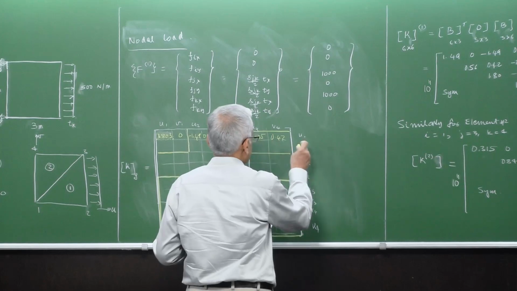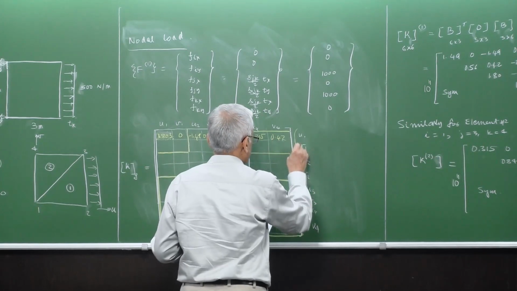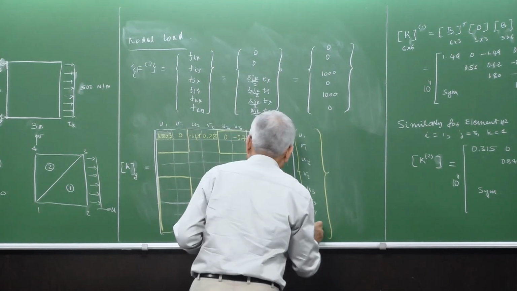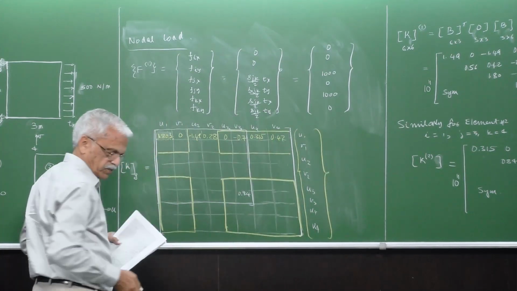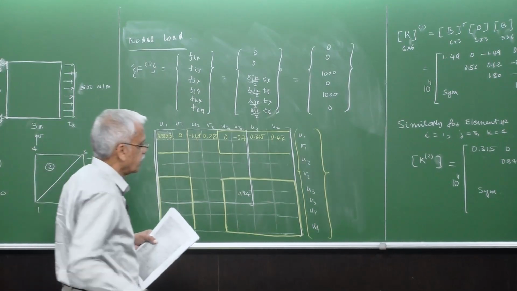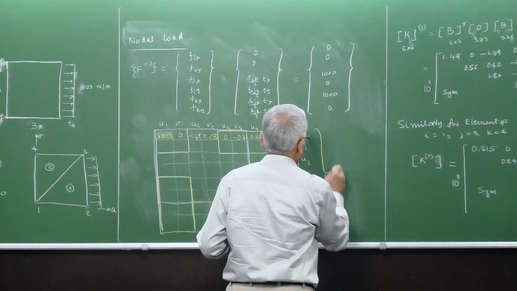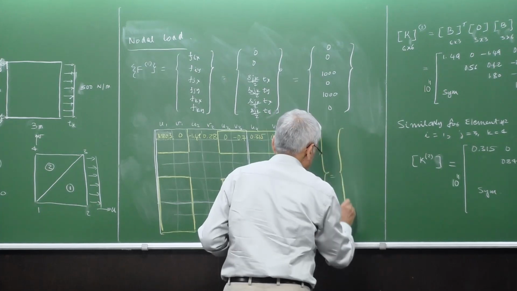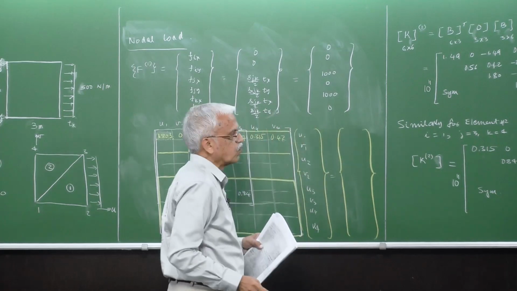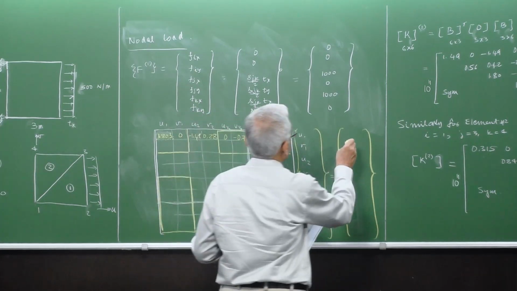And then this multiplied with U1, anyway, I wrote it here. So the equation is, so I'll remove this here. So the equation is this K multiplied by the displacements here will become the nodal forces. So what are these nodal forces here?